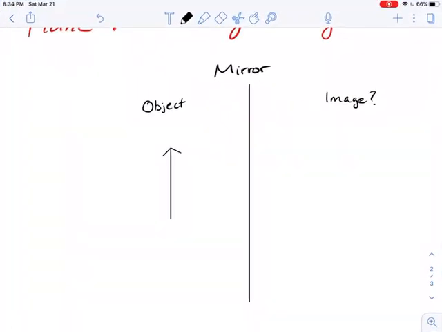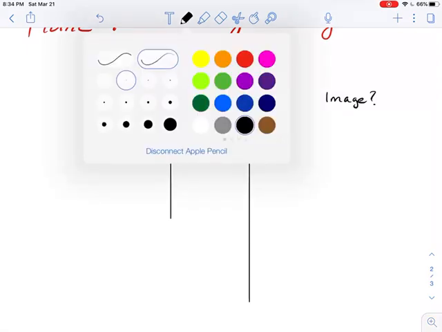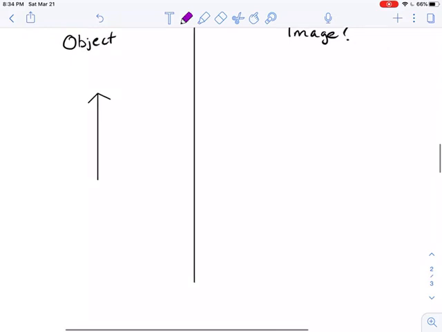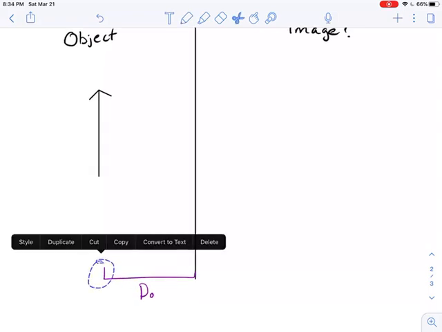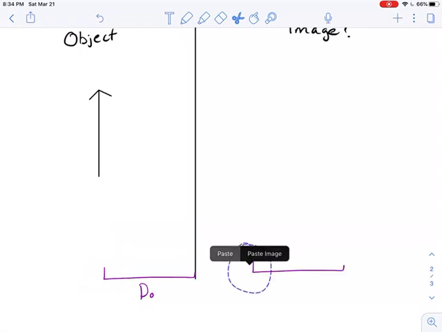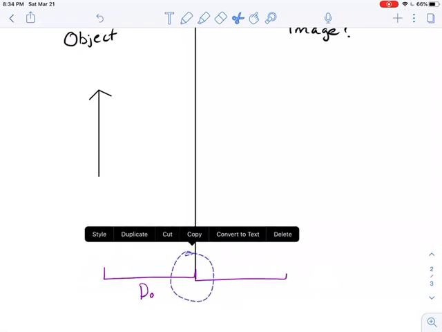To start, I'm going to set a groundwork for us. Since I know this is a plane mirror, to give my mind some frame of reference for whether I'm doing this right, I measure from the actual object to the mirror. That's how far the object is from the mirror, the DO. That should be the exact same distance away from the mirror that the image is on the other side.